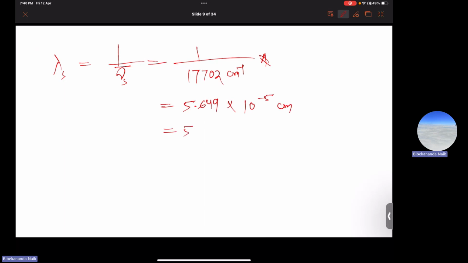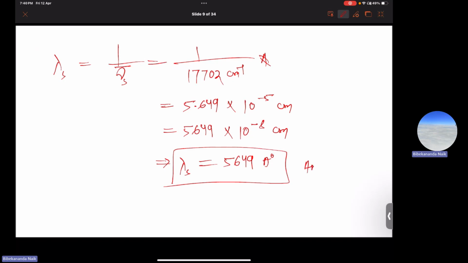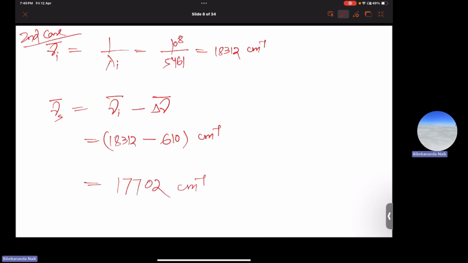It will be 5,649 into 10 to the power minus 8 centimeter, or 5,649 angstrom. So this is the correct answer.